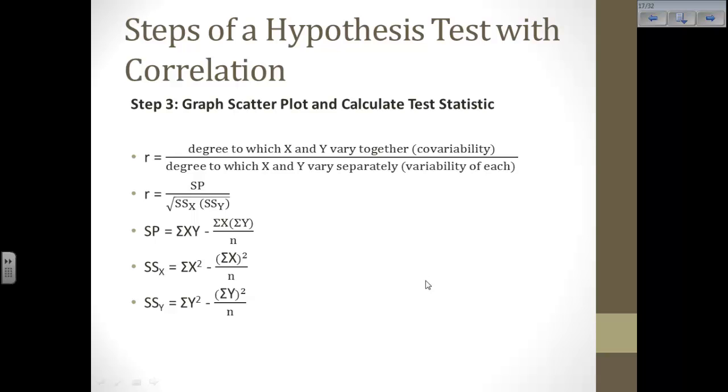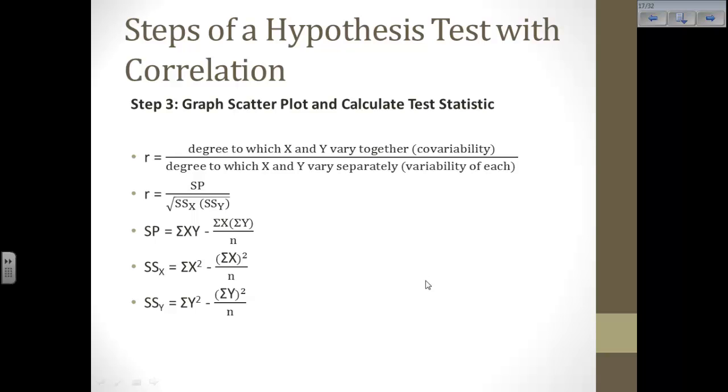So the top one is how much do they vary together, how consistent are the changes between X and Y across everybody in your study, and then the denominator, degree to which X and Y vary separately, that's just looking at the spread of values within X and the spread of values within Y without looking at the relationship between the two.